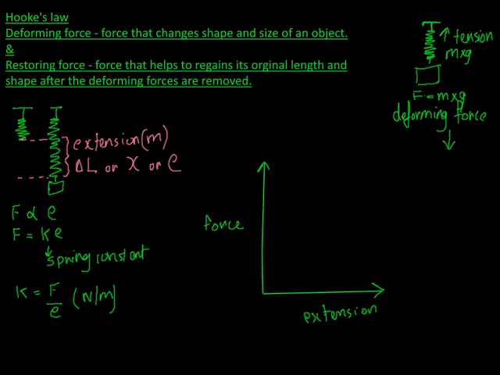Now the graph is going to be a straight line if it is acting elastically, or if it obeys Hooke's law. So if the spring obeys Hooke's law, then the graph is going to be a straight line.